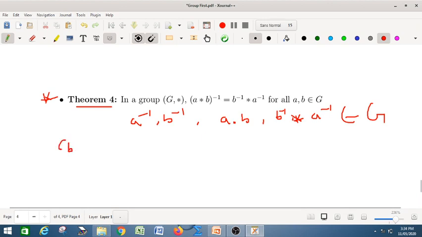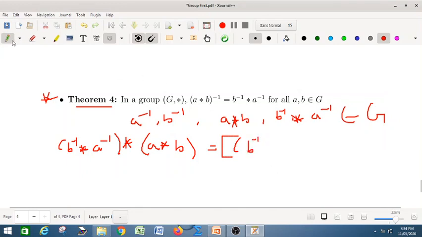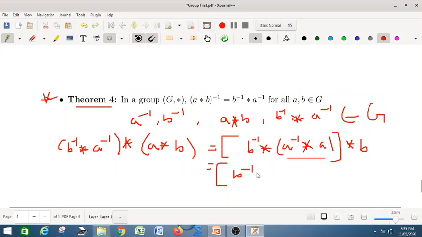Now consider B inverse composition A inverse composition A composition B, which equals, taking the associative property, B inverse composition A inverse composition A, then composition B. I am taking the associative property because G is a group, so associativity holds on G. A inverse composition A is the identity because G is a group.